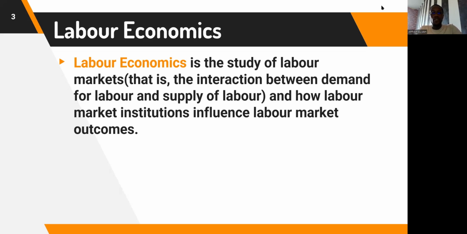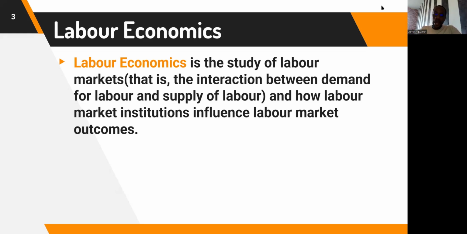All right. So labor economics is the study of labor markets. That is the interaction between demand for labor and supply of labor. So the most important elements there will be the demand and supply, because in every market there are buyers and there are sellers. So there is demand, there is supply.